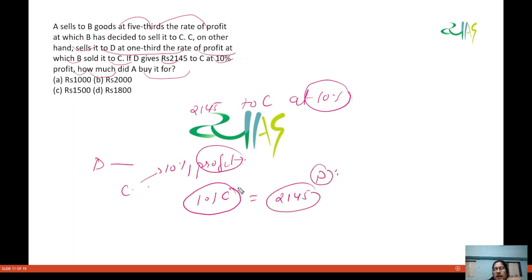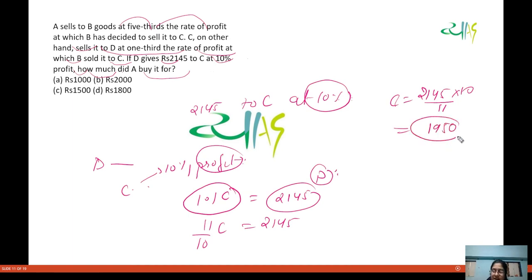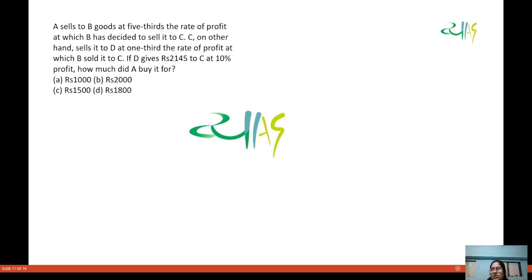Okay, so this 1.1 times C is basically the price at which C bought the goods. So this is nothing but 11 by 10 into C is equal to 2,145. So C is equal to 2,145 into 10 by 11. So this comes to be 1950. C is equal to 1950. Fine. Now this is okay. We got C bought at 1950.